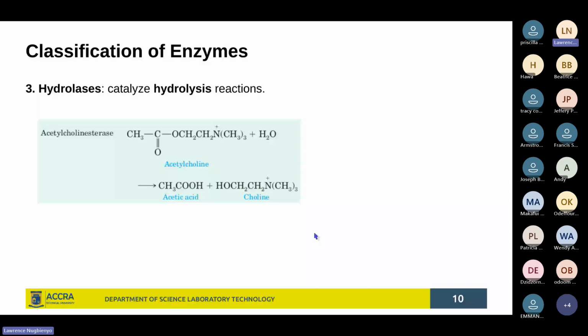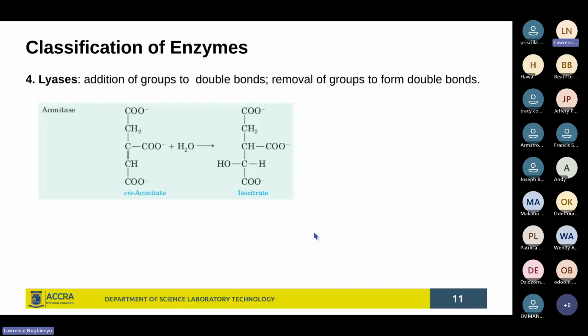And we went ahead and looked at lyases, and these are enzymes that are involved in either the removal or addition of groups onto molecules to either remove a double bond or form a double bond.